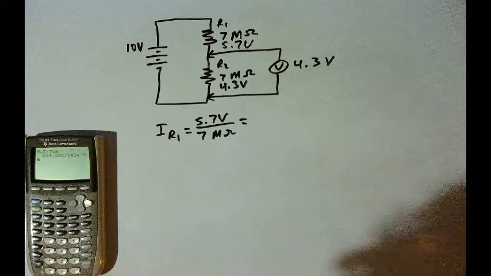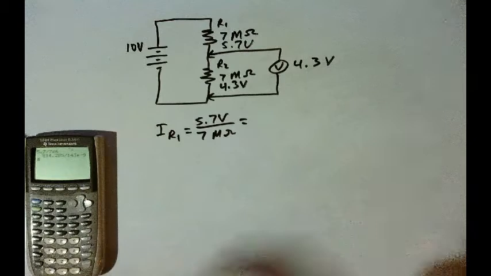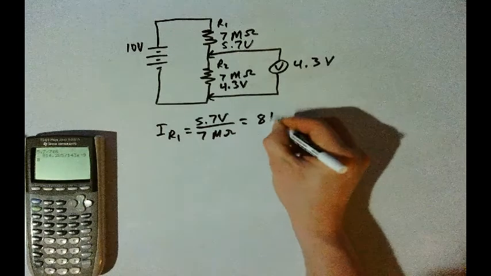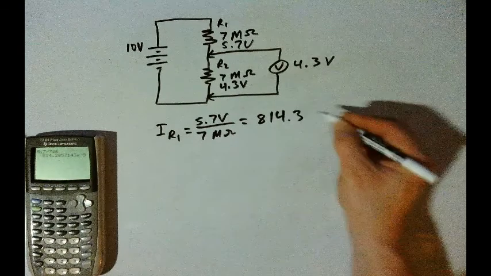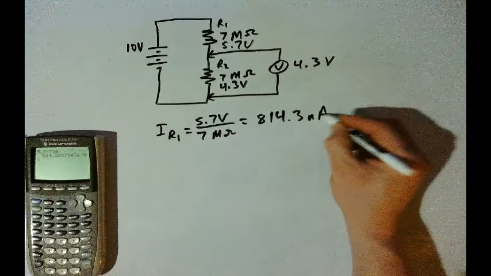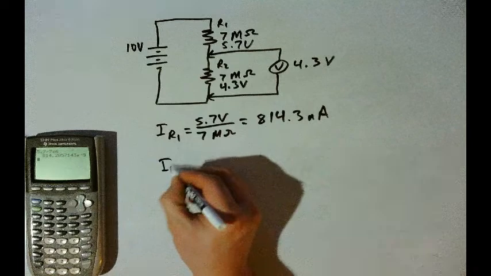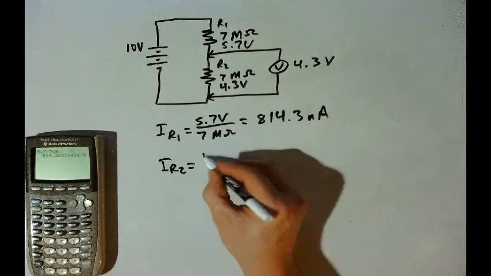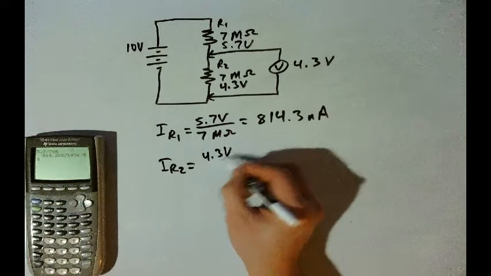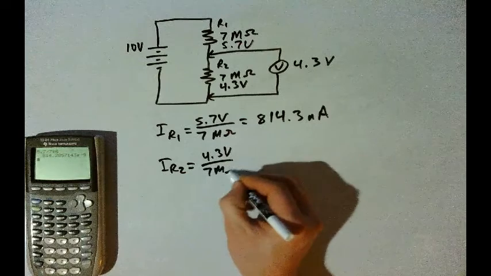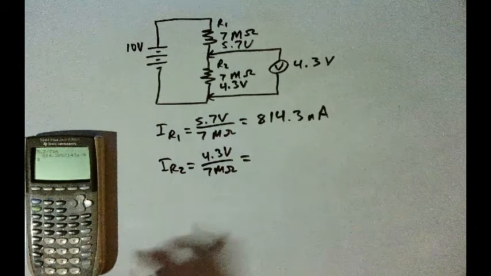Here we'll have 4.3 volts divided by 7 mega ohms, which is going to be 614.3 nanoamps.